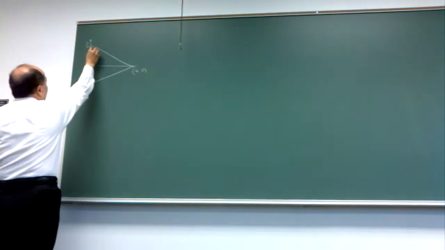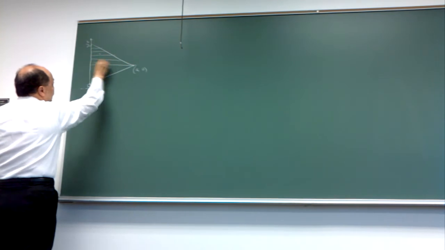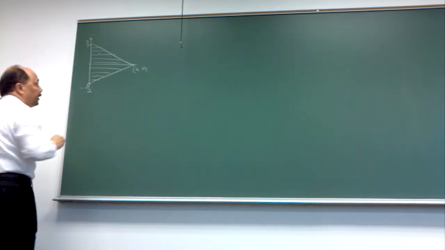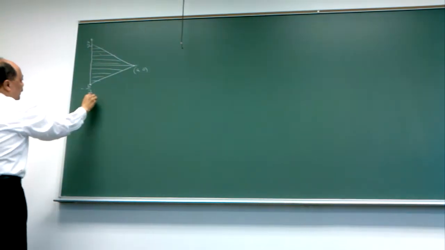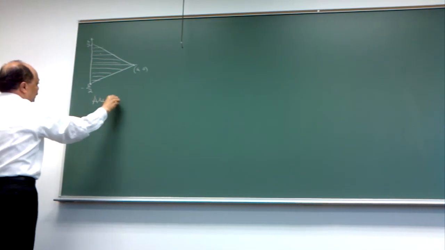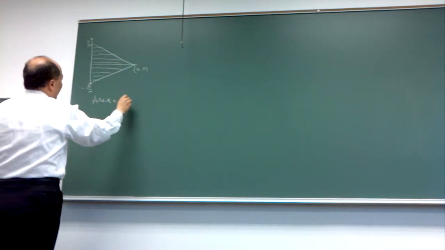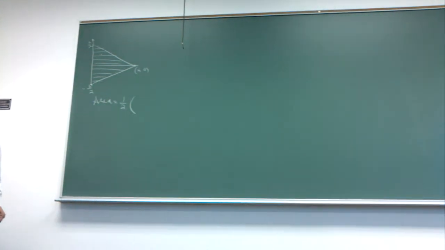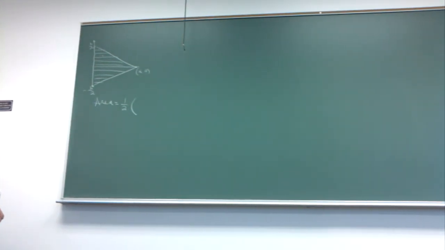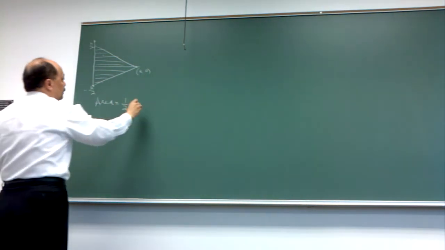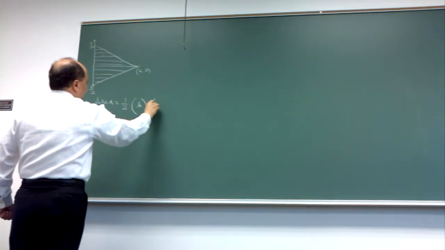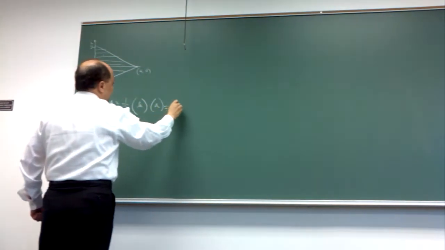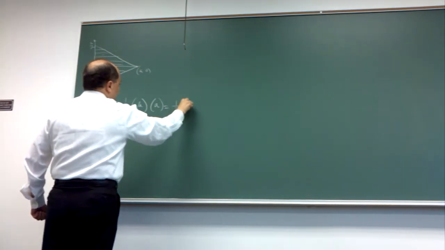So what is the area of this region? Area is 1/2 base. Now mind you, the total length of the base is b over 2 plus b over 2, which is b. And the height is a, so this is 1/2 ab.